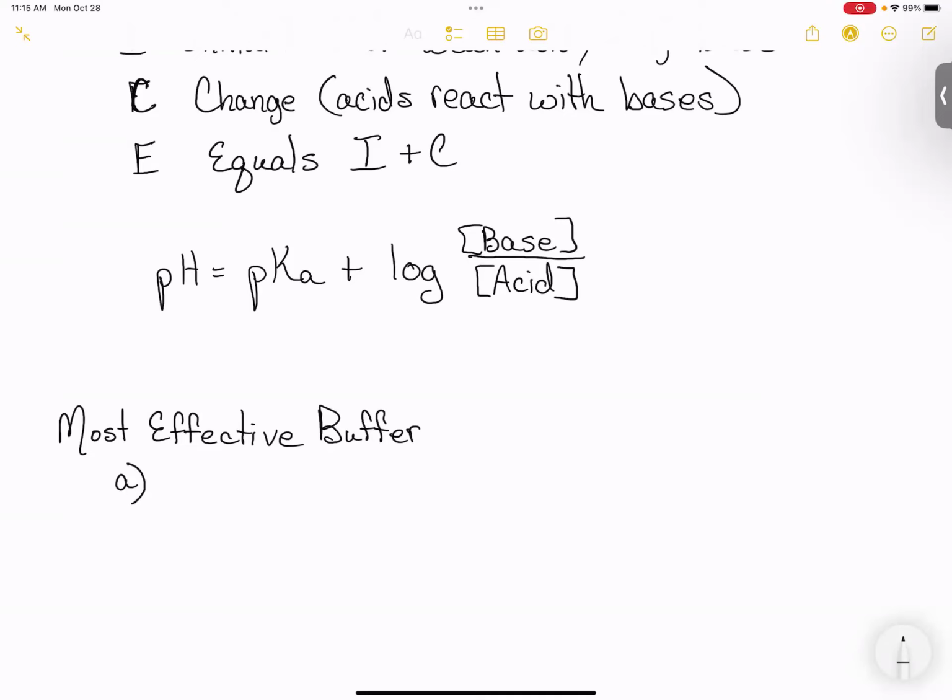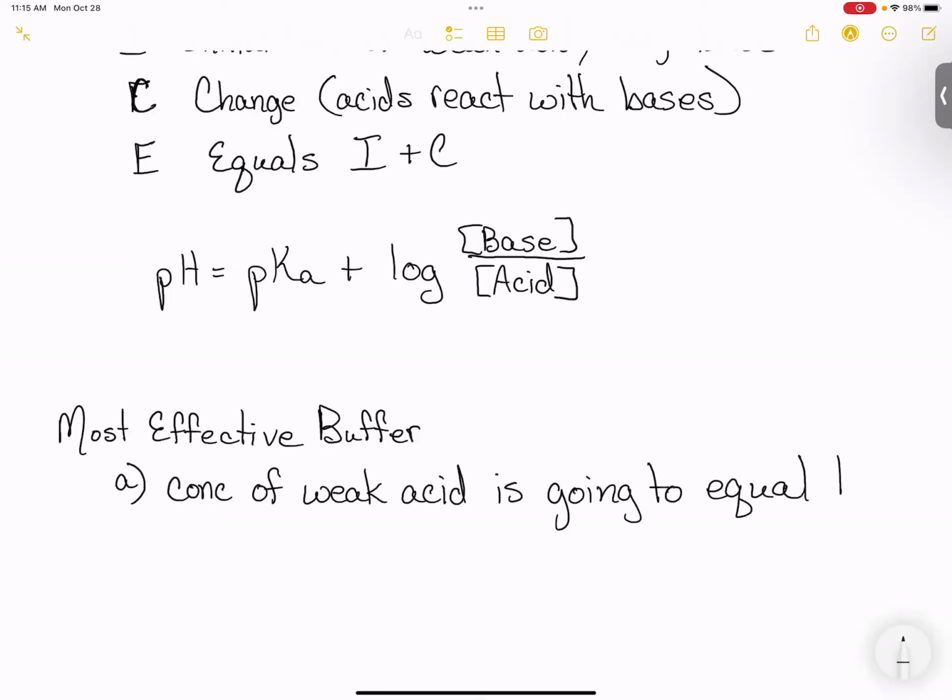Quality number one is that the concentration of the acid is going to equal the concentration of the conjugate base.